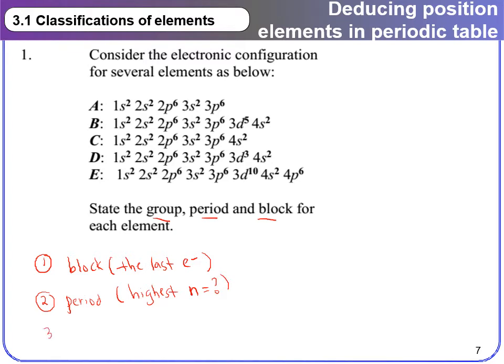Lastly, determine the group by adding the total number of valence electrons.